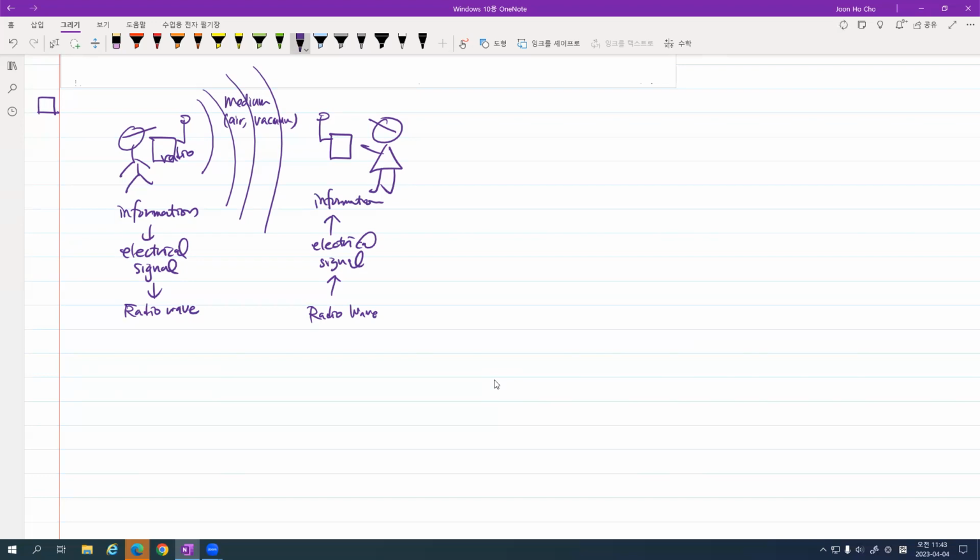But in order to convert an electrical signal to radio wave or vice versa, what do we use? We use the so-called antenna, okay? So this is an RF antenna. And what is an antenna? It can be defined in many different ways, but the current standard is this one: a conductor with some terminal, and the terminal has a standardized connector.